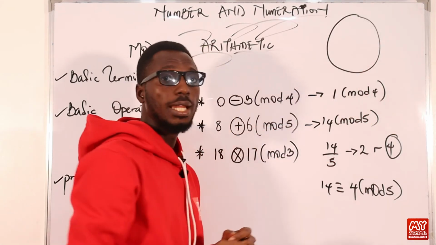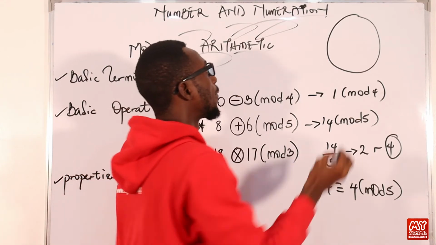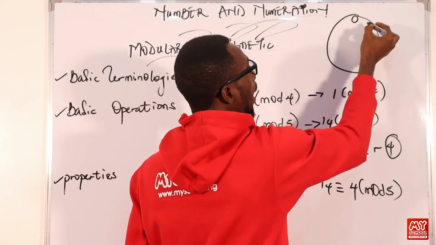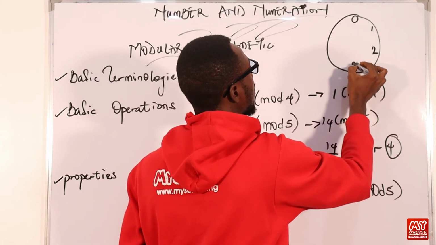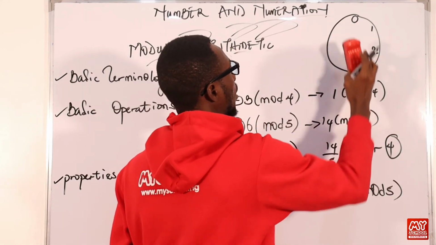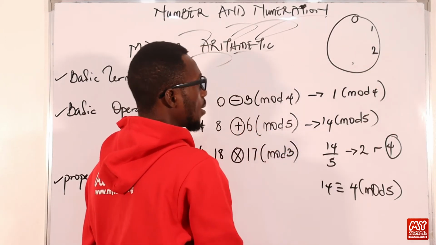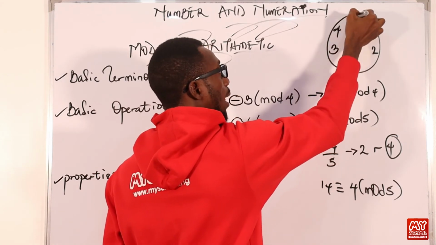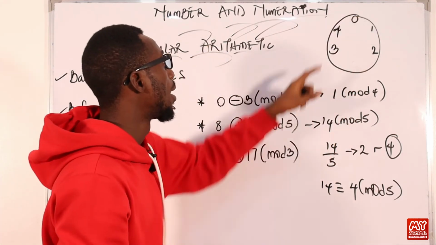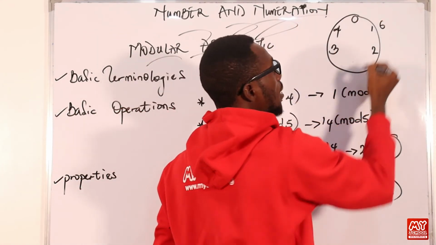Since I'm working around the value of 14 under modulo 5, that will be 0, 1, 2, 3. Let me bring it up to fill up the circle. So I have 3, 4, then 5. After 5, the next one will be 6, isn't it?